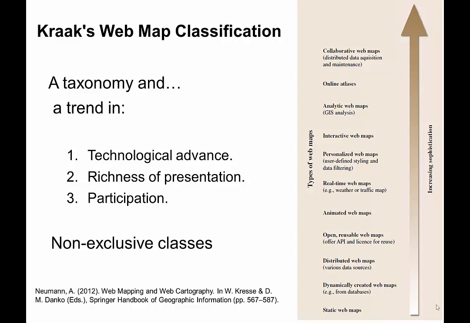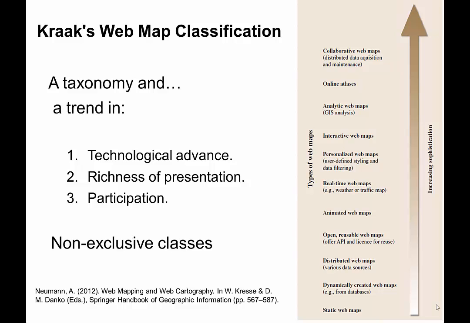And Clark identified a whole variety of them, from static web maps, dynamically created web maps, distributed web maps, animated web types. The only one that he didn't define on this list was online atlases, which was added by Newman in 2012, or maybe before 2012.